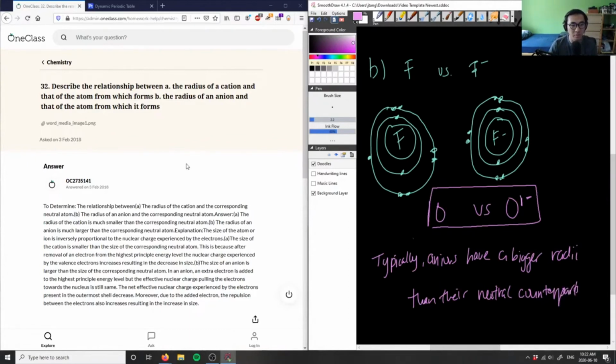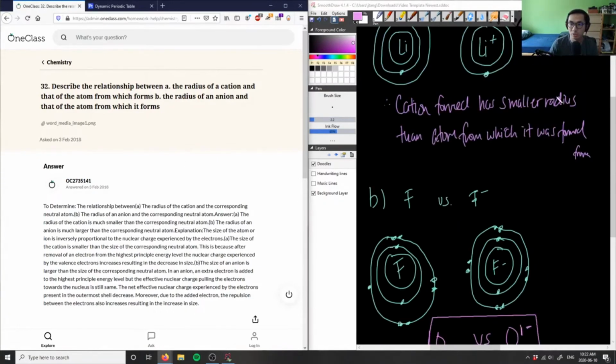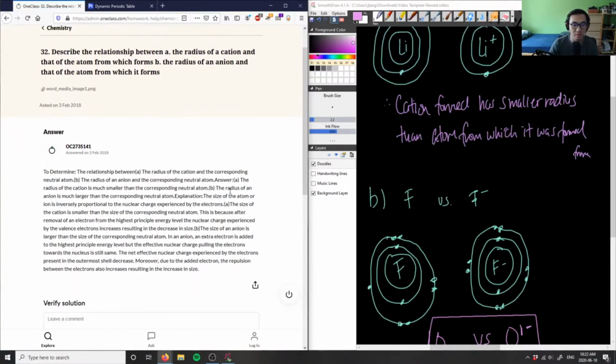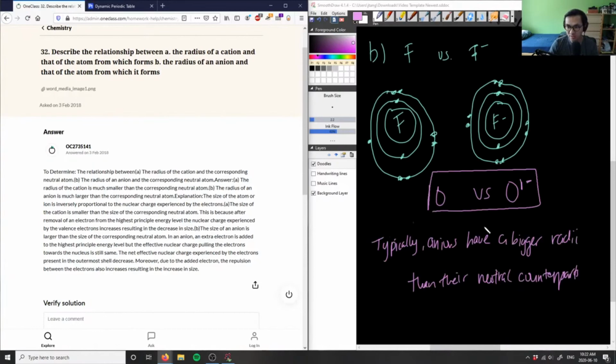As you can see, A says the radius of the cation is much smaller than the corresponding neutral atom, which is good, since we said it was a smaller radius. And B says the radius of an anion is much larger than the corresponding neutral atom. I said it was larger, which is good. However, again, there are actually exceptions to this rule when it comes to having a full octet.